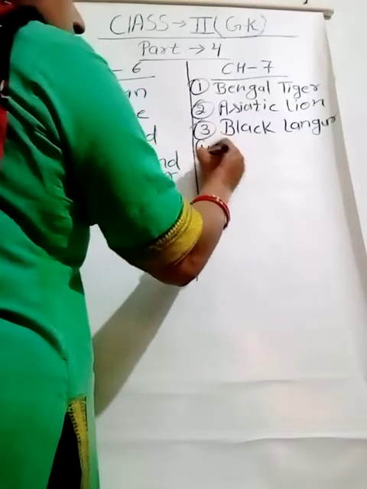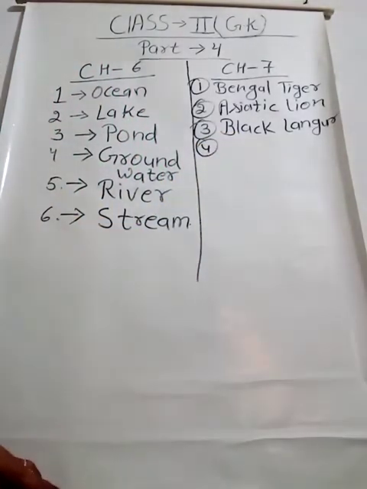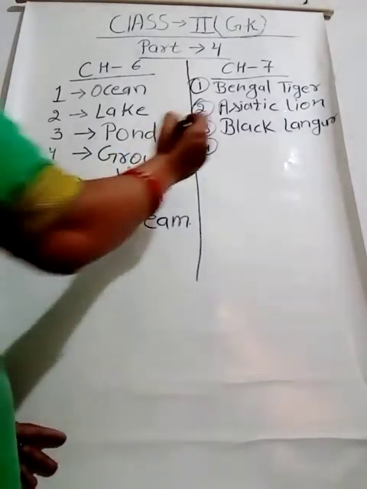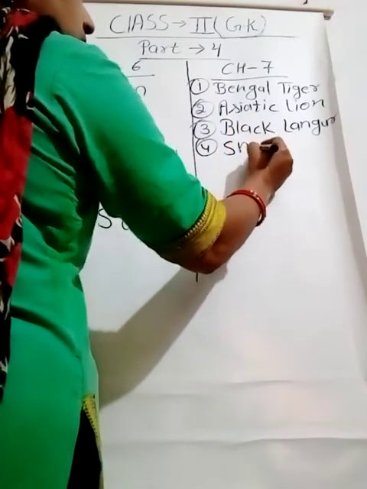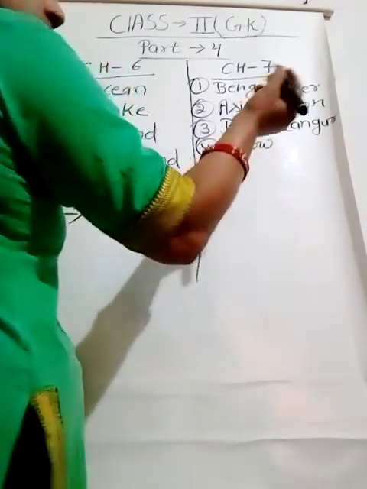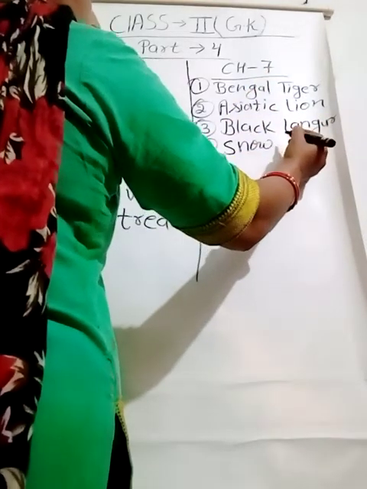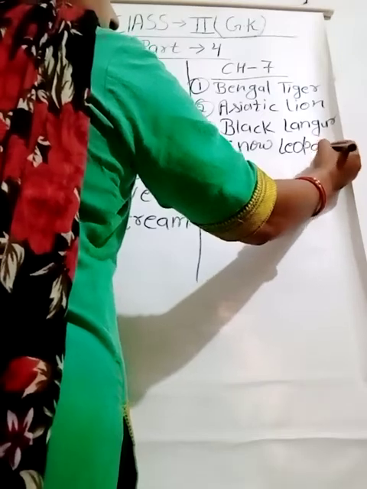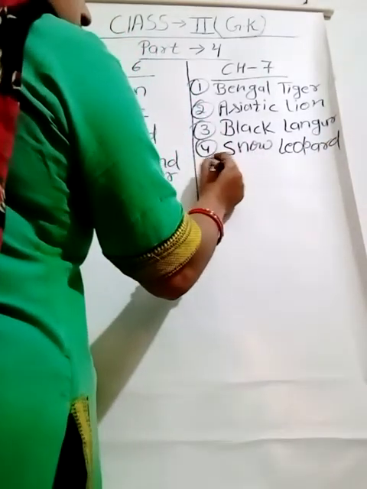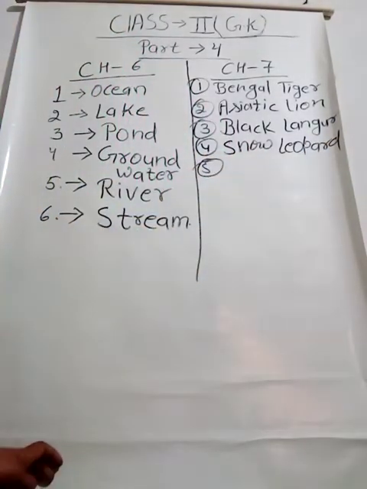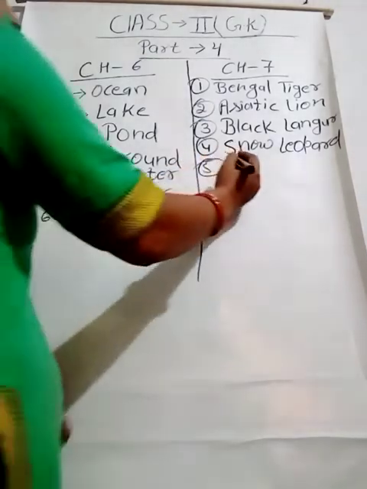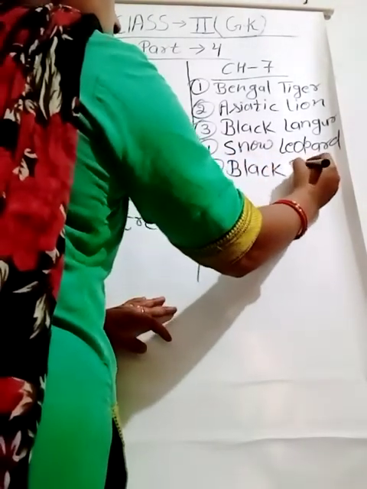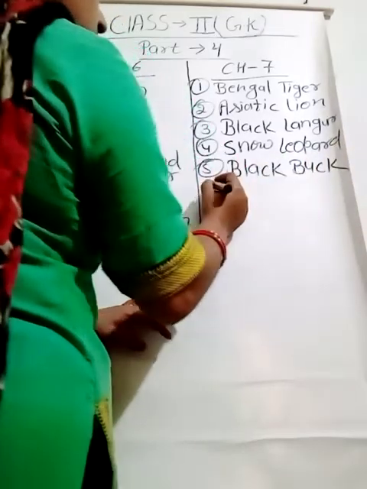Okay, now in number 4, what is that? It is a snow leopard, which we can see only in snowy areas. Next one, number 5, it is a black buck.